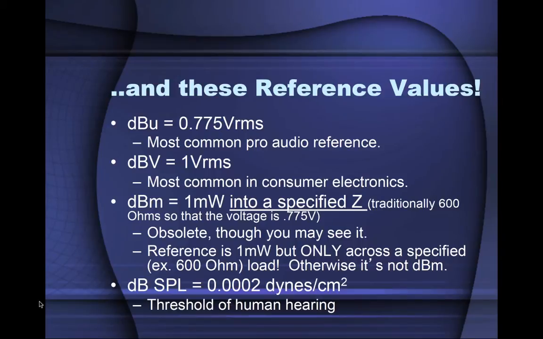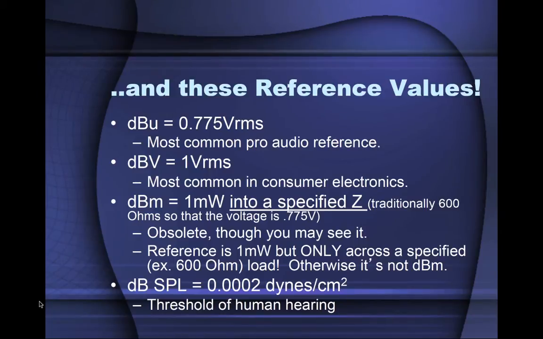But if you do run into dBm, you can kind of cheat and convert that to a dBu. It's not really correct, but most of the time it kind of works, simply because when you take that 1 milliwatt into a 600 ohm load, the voltage you get is 0.775 volts, which is the reference value for dBu.